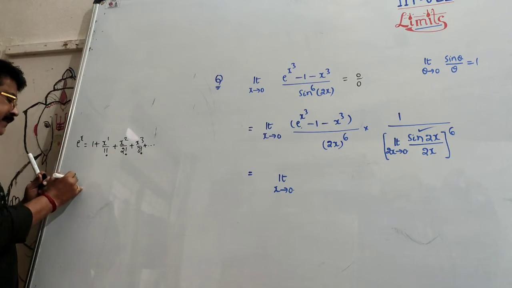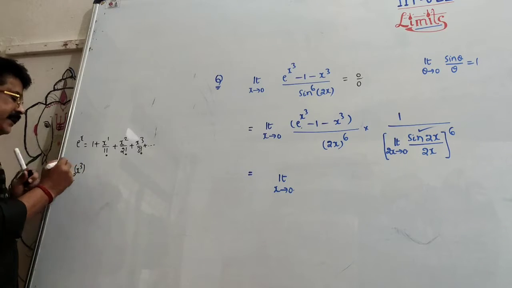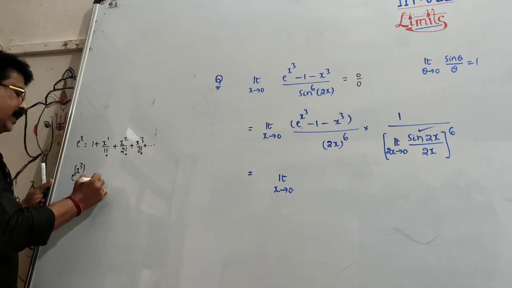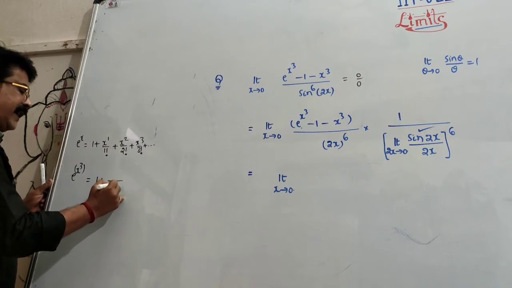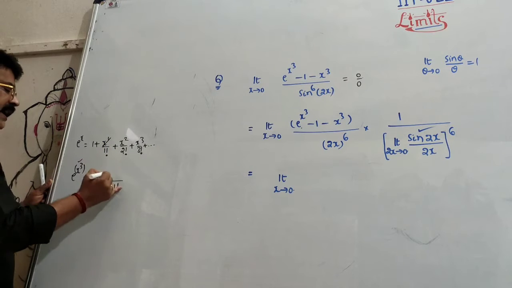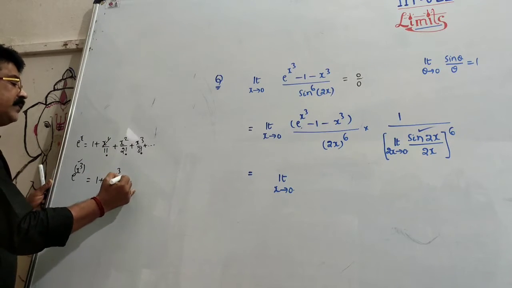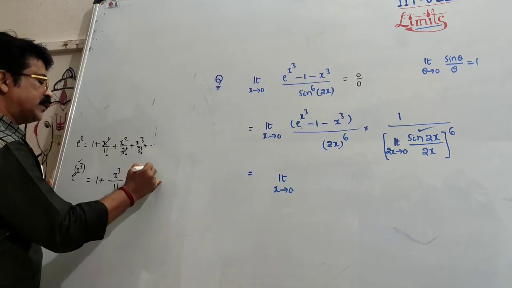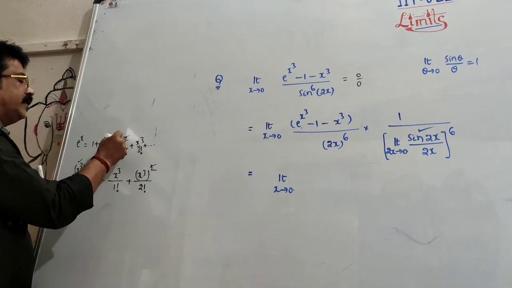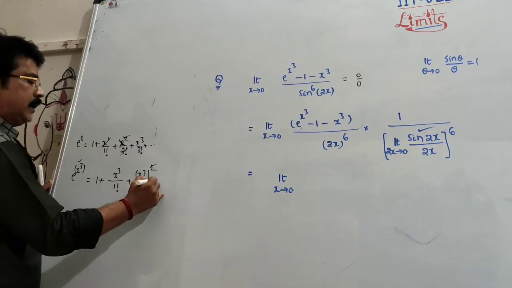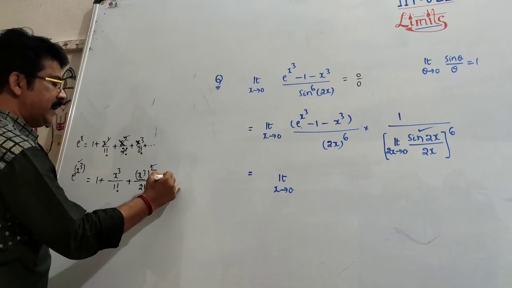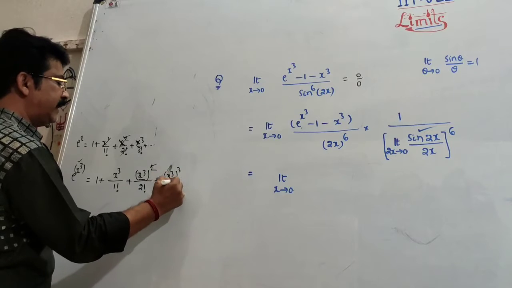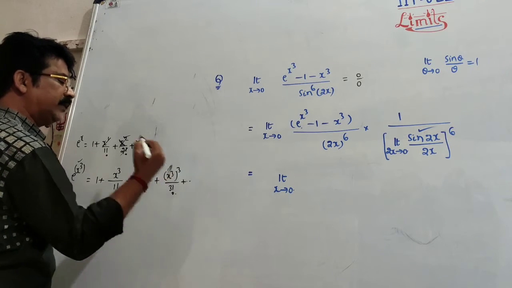Similarly, we can write e power x cubed. Instead of x, we write x cubed: 1 plus x cubed by 1 factorial, plus (x cubed) whole squared by 2 factorial, plus (x cubed) whole cubed by 3 factorial, and so on.